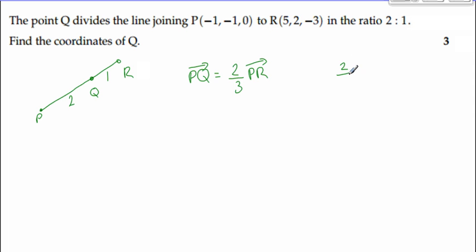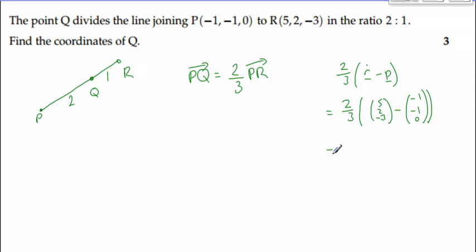2/3 of P to R, we can do. That's 2/3 of R minus P. We can calculate that. That's something we can do nice and easy. So R is (5, 2, -3), take away P, which is (-1, -1, 0).